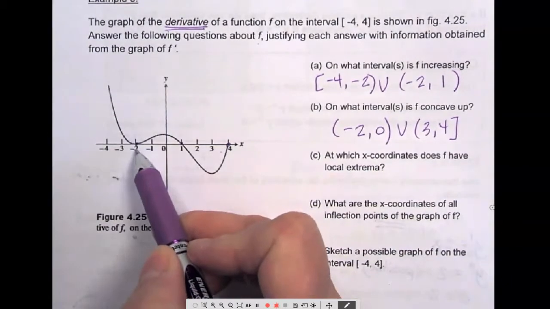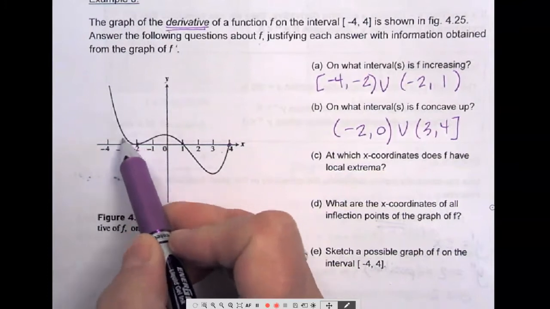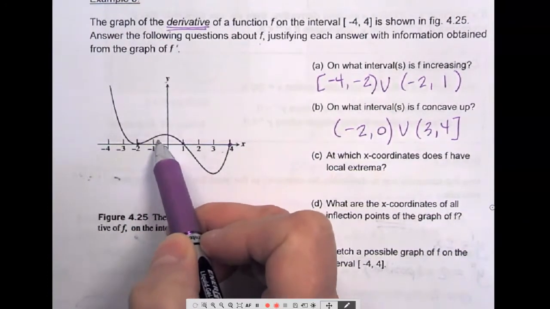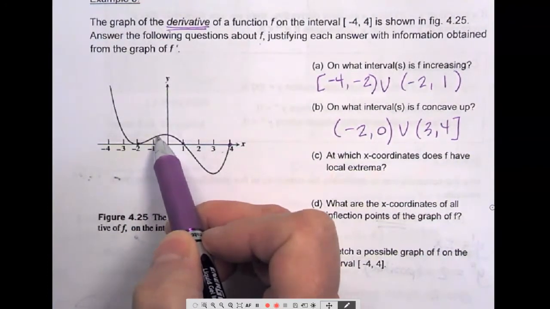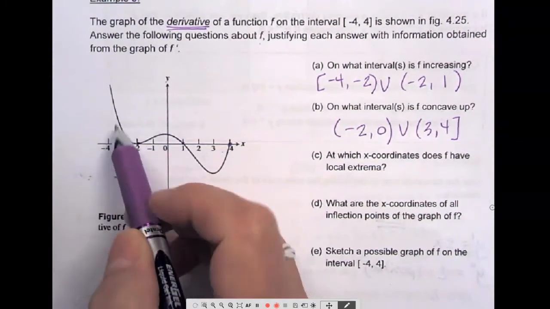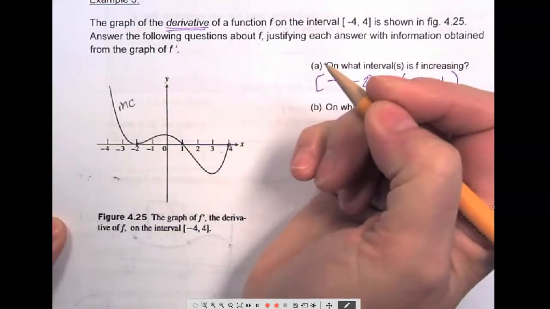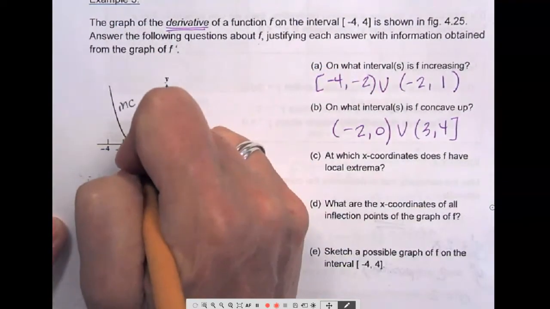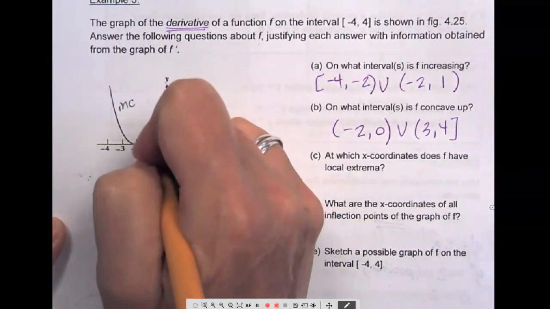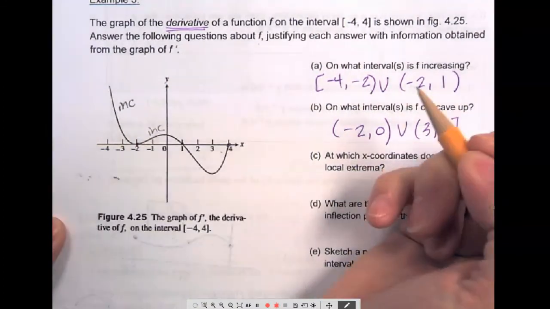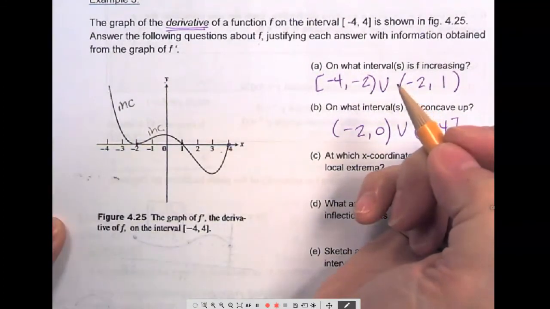First derivative is positive, then it's 0, then it's still positive. That means my original graph is increasing, going uphill, 0, and then more increasing. Is it like a kind of like a stair step?